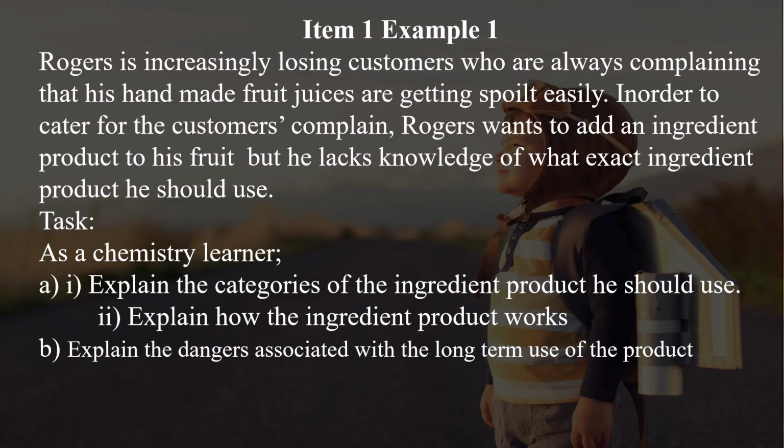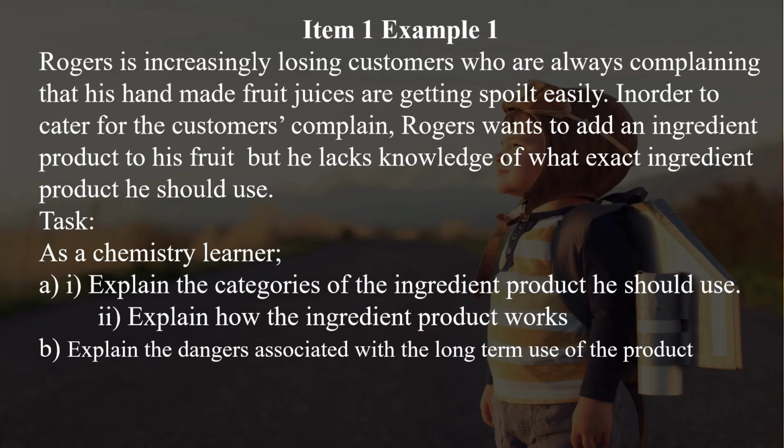The first example says, Rogers is increasingly losing customers who are always complaining that his handmade fruit juices are getting spoiled easily. In order to cater for the customers' complaint, Rogers wants to add an ingredient product to his fruit juice, but he lacks knowledge of what exact ingredient product he should use.